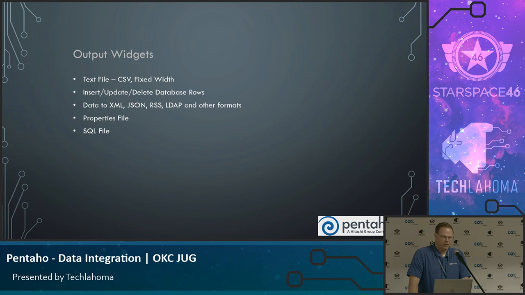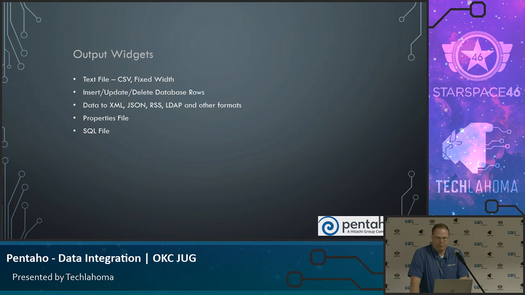Output widgets: you can output a number of different text files, the comma separated files, the fixed width files. You can insert, update, and delete rows in a database, depending on what you've pulled in. You can write out to the number of formats that you can read in from, the XML, JSON.